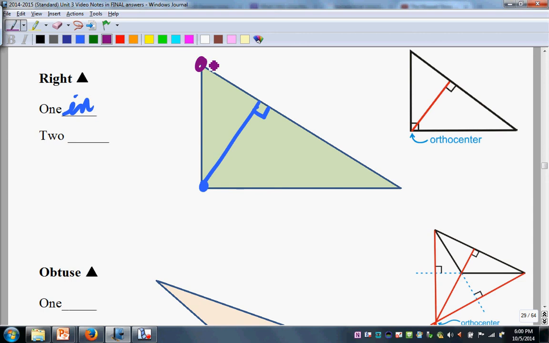Again, corner, right angle, corner, right angle. You have two altitudes which are on the triangle for a right triangle. One's in, two's on. That's for a right triangle.